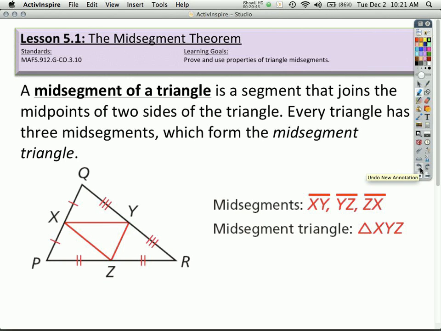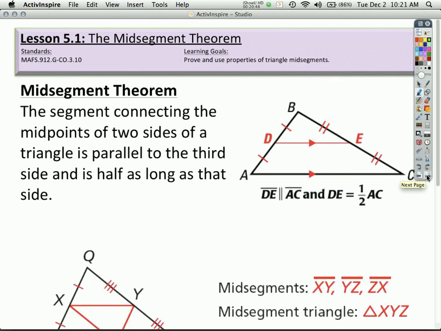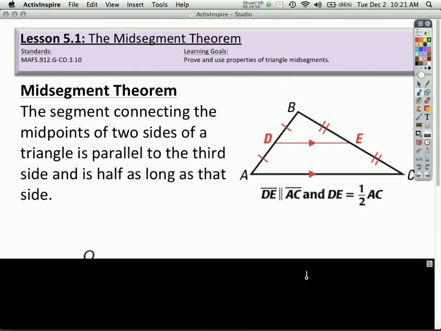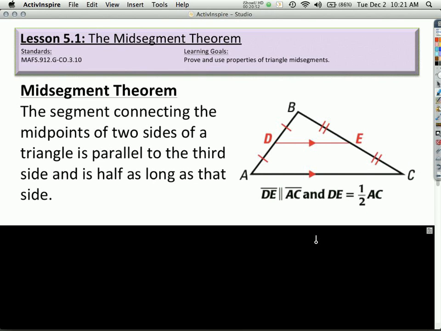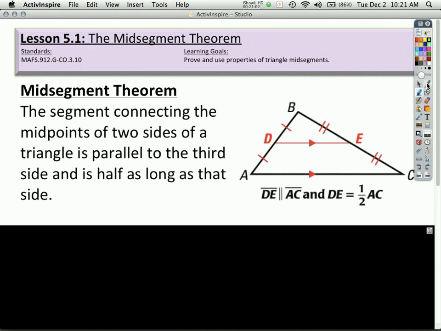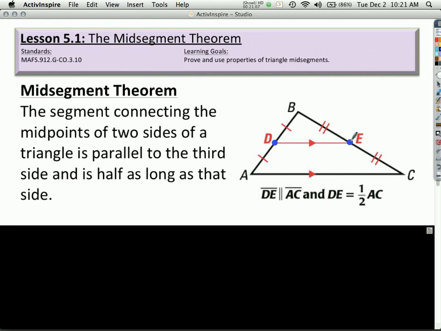So we've laid the foundation of the idea of midsegment. Now the theorem. The midsegment theorem says what you just proved during the warm-up, that the midsegment will be parallel to the third side. What do I mean by the third side? Well, if I use this point and connect them to form a midsegment, I've used this side as one of the sides, this side as the other.